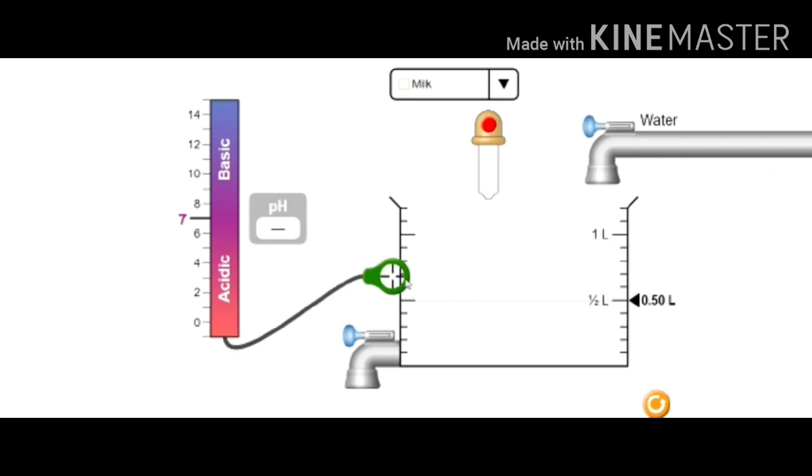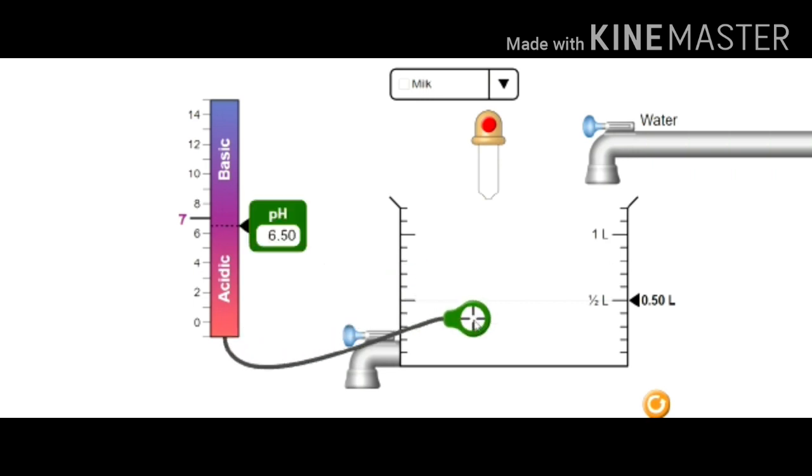Now see here, milk. As we know, the pH of milk is 6.5, that is acidic. Now I am adding water. You can observe the pH value of milk with the addition of water. What change is going to happen? When we go on adding water, the pH value of milk is increasing.